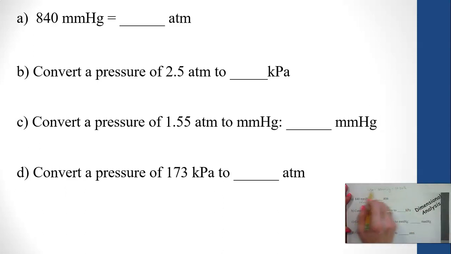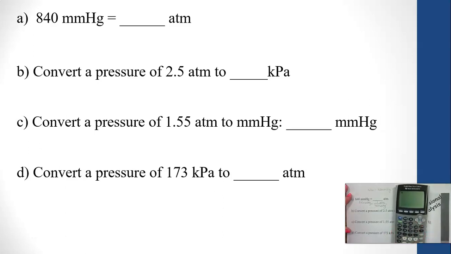I use my conversion factors. 760 is in front of millimeters of mercury. 1 is in front of atmospheres. These units cancel, and I've got atmospheres. 840 times 1 divided by 760 gives me 1.1 atmospheres. 1.10 atmospheres.